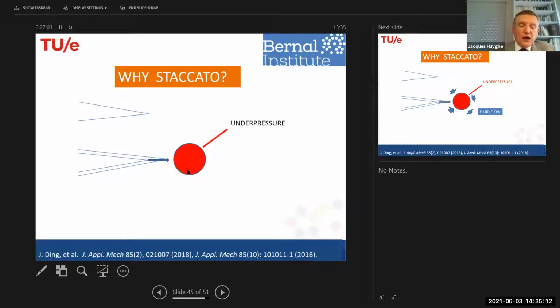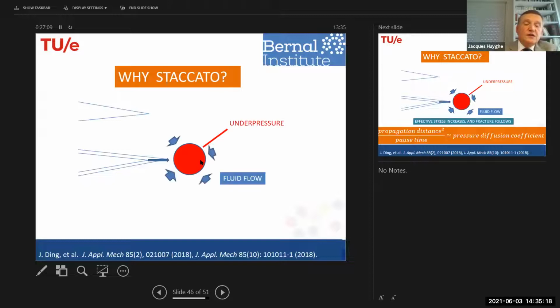What happens is that an under pressure forms around this point ahead of the crack. Now, this under pressure results in fluid flow going towards this under pressure area. And this fluid flow is going to cause this negative pressure to turn into an effective stress.